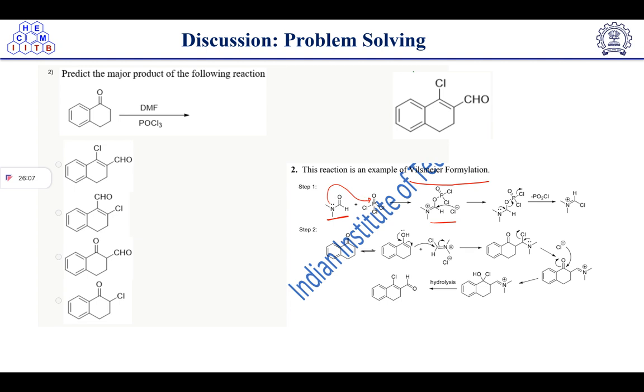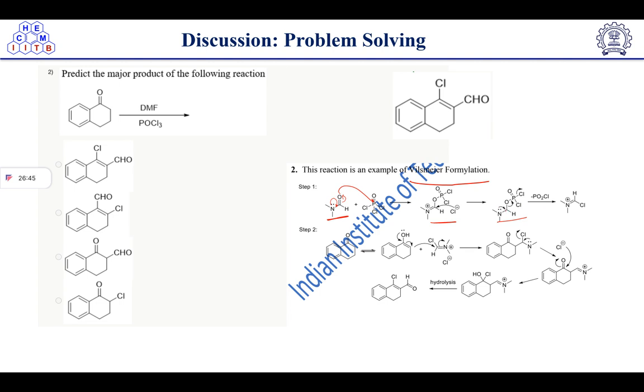Correct? Okay, this way. Now, after getting this one, the next step is the lone pair of this Cl will abstract the proton and it will form the intermediate, which will look like this way.